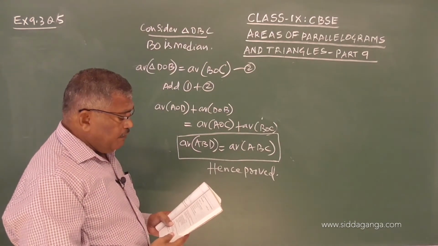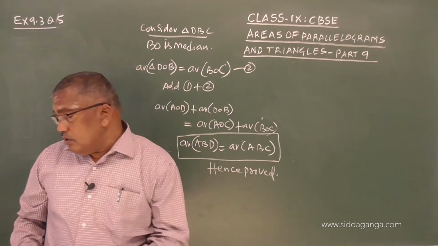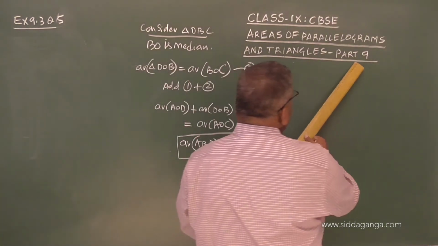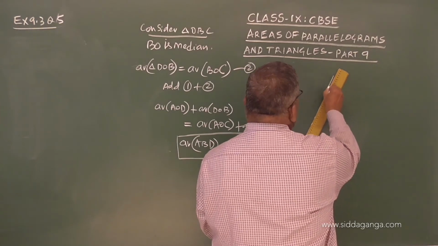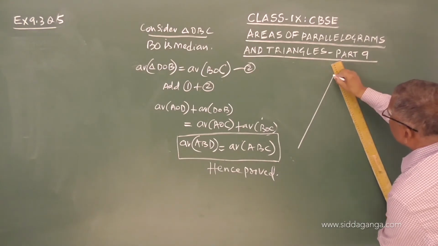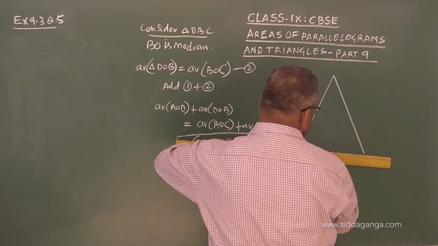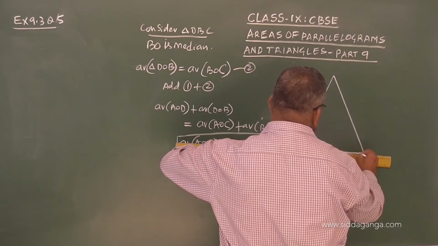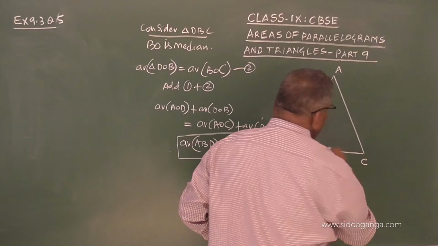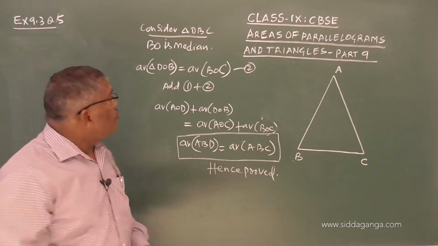D, E, F are respectively the midpoints of sides BC, CA and AB of triangle ABC. So, first you prepare a triangle ABC. Let us say this is A, B and C. This is the figure pertaining to question number 5.